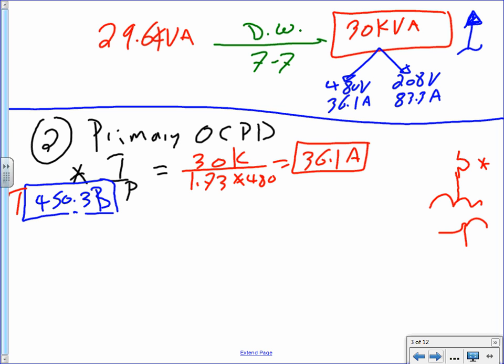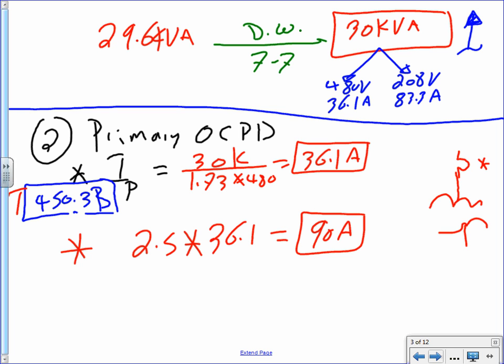You remember that? 2.5. So 2.5 multiplied by 36.1 gets you 90 amps.